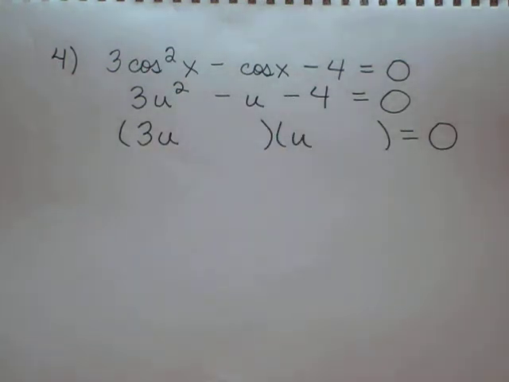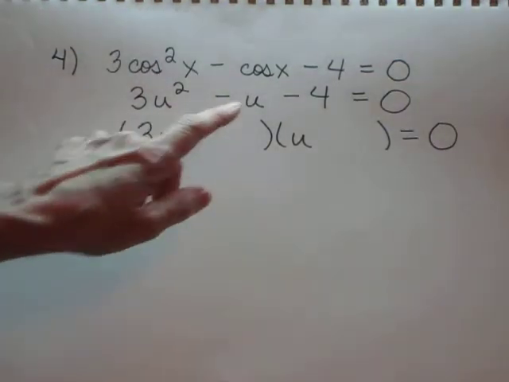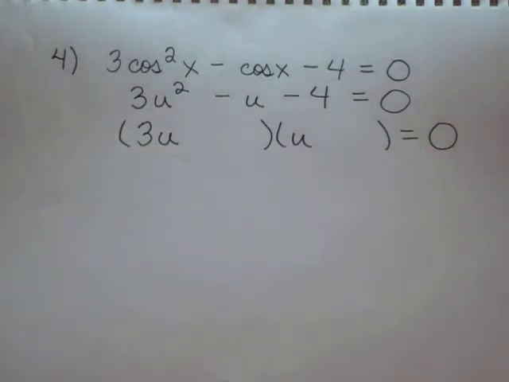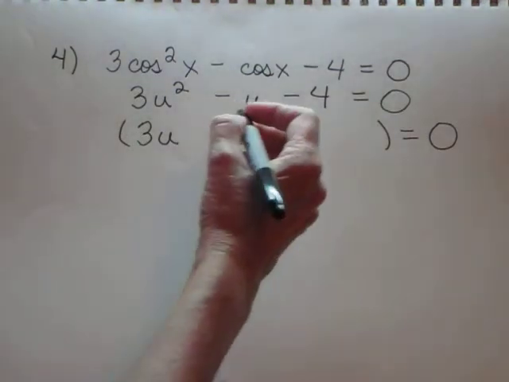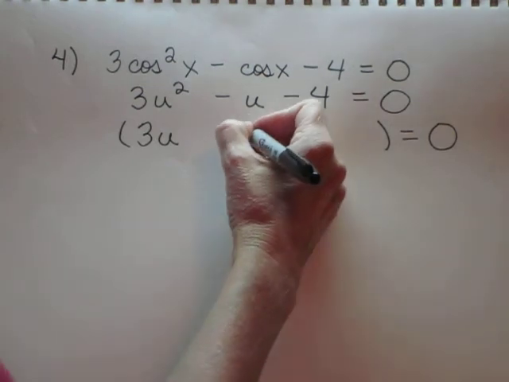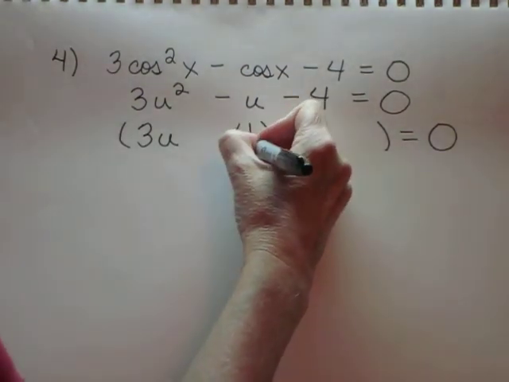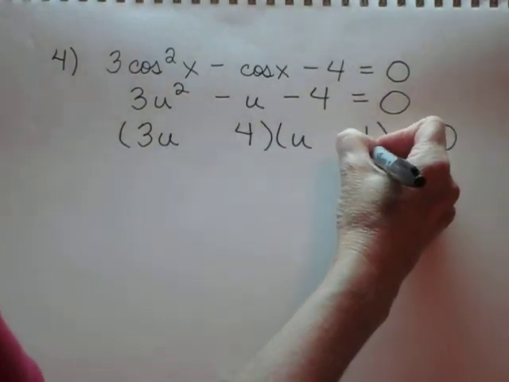Just take a minute and let's see which one works to give you the correct negative 1u in the middle. So we take a look. I'm using 4 and 1, and I'm going to check it.